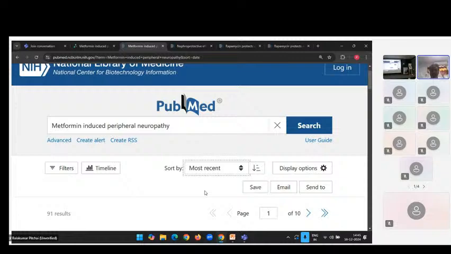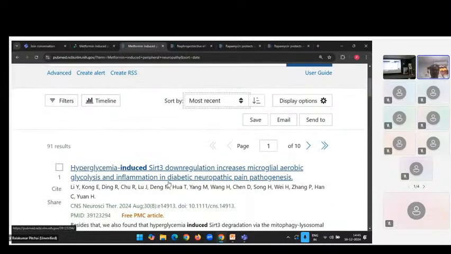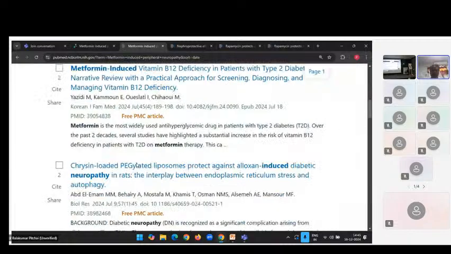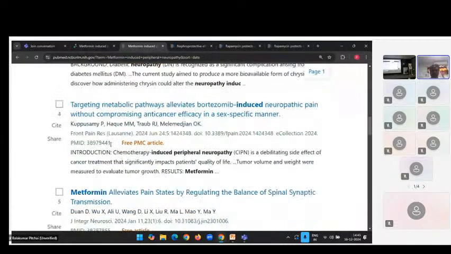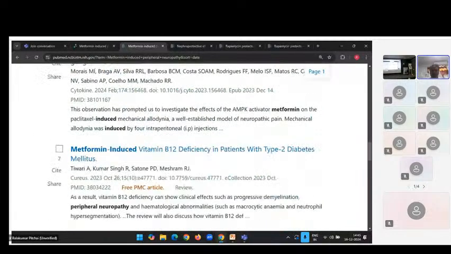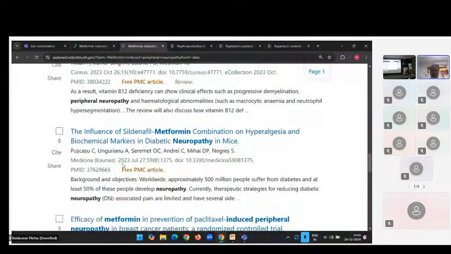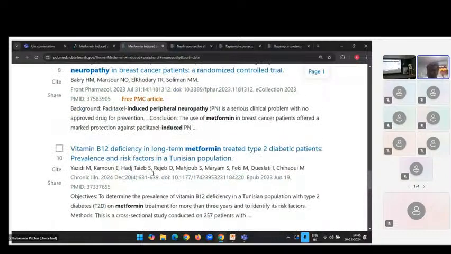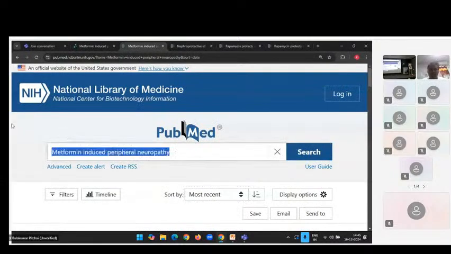Click the most recent one, and you will get 2024, 2024, then 2023. So here you can get the last 5 years according to the number of articles available, from recent years and recent months also.